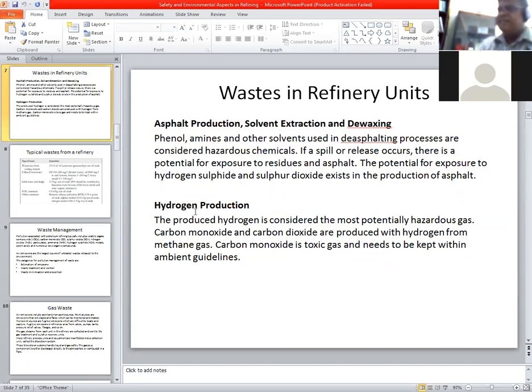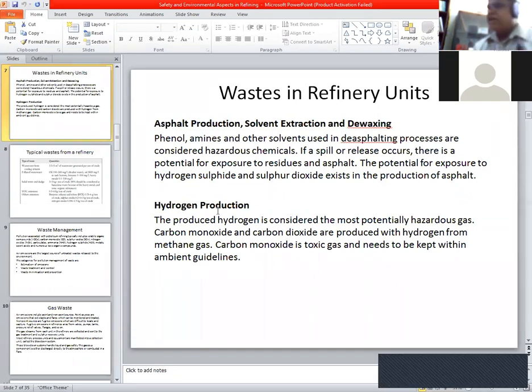Another thing, lastly, is hydrogen production. We didn't cover it because I didn't add this to your syllabus beyond alkylation. But just for your information, hydrogen can also be produced, because we are using hydrogen in the hydrotreating unit or hydrocracking. This hydrogen can be produced from methane gas.